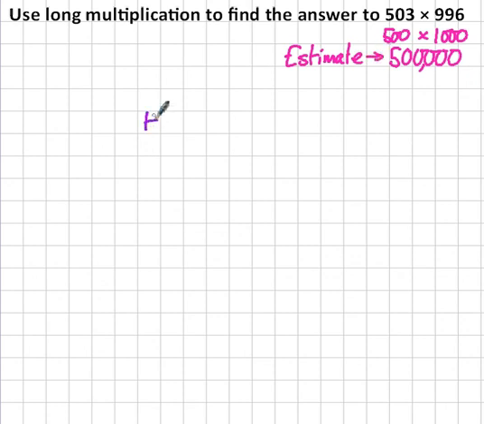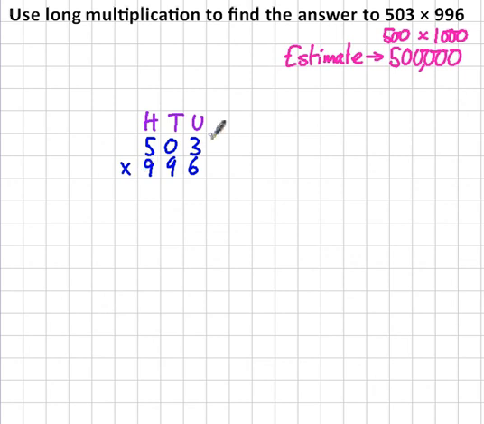Okay, place value columns again, hundreds, tens and units. Set this out, 503 times 996. Because they're both 3 digits, it doesn't really matter too much whether you write the bigger number on the top or the bottom.